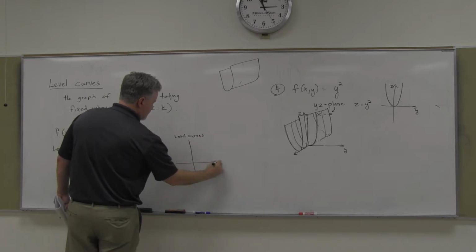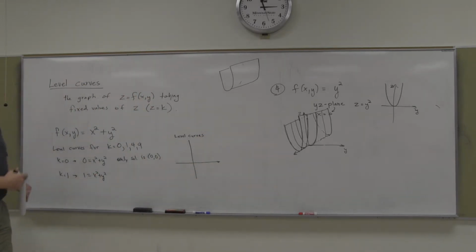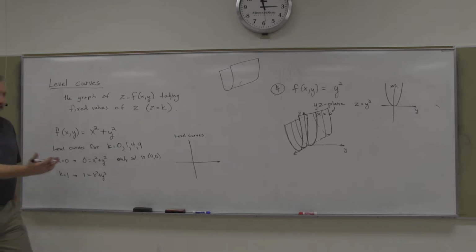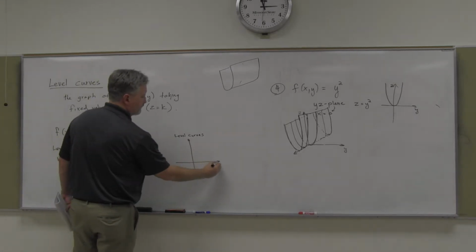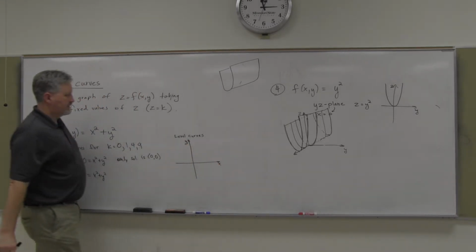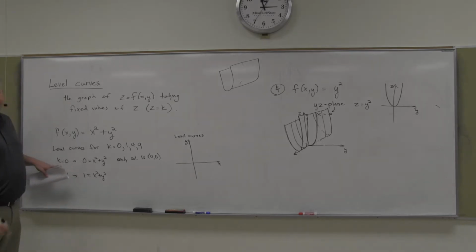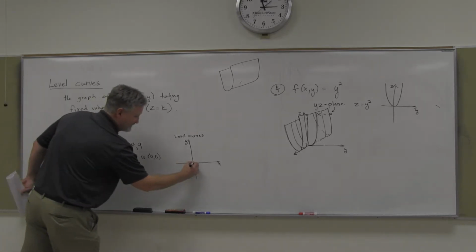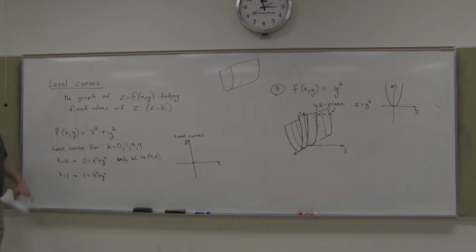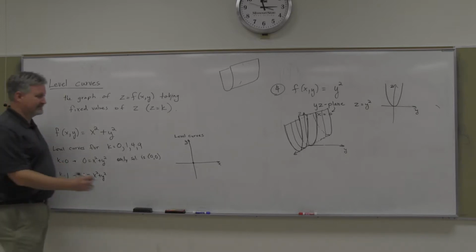When you're talking level curves, you're just talking in the xy plane. So the first one is k equals 0, which is just one solution. The second one, what do we got there? Well, that's a circle, center 0, 0, radius 1, right?